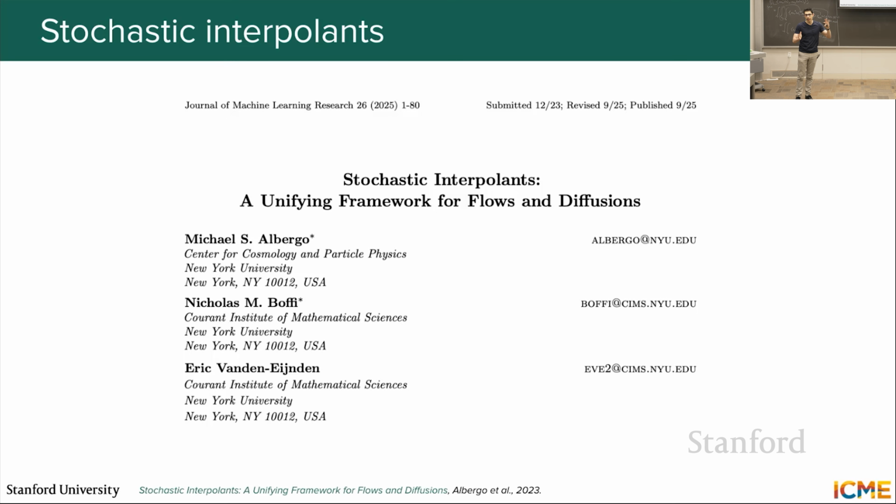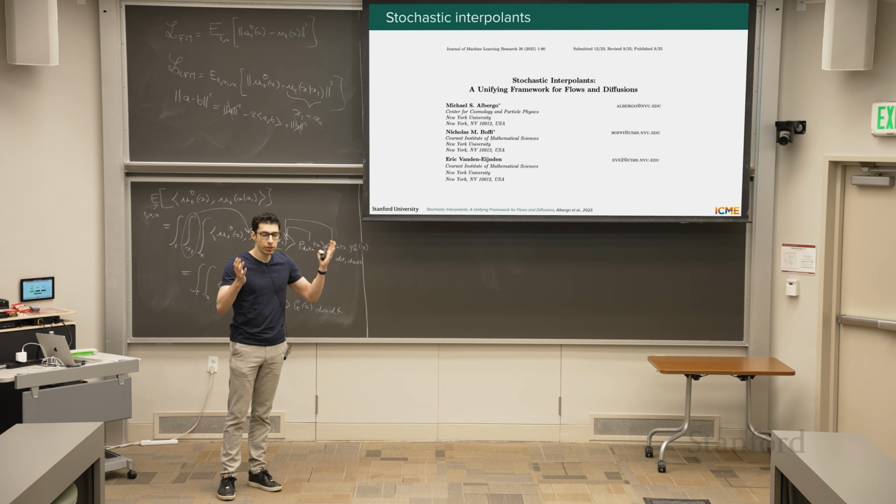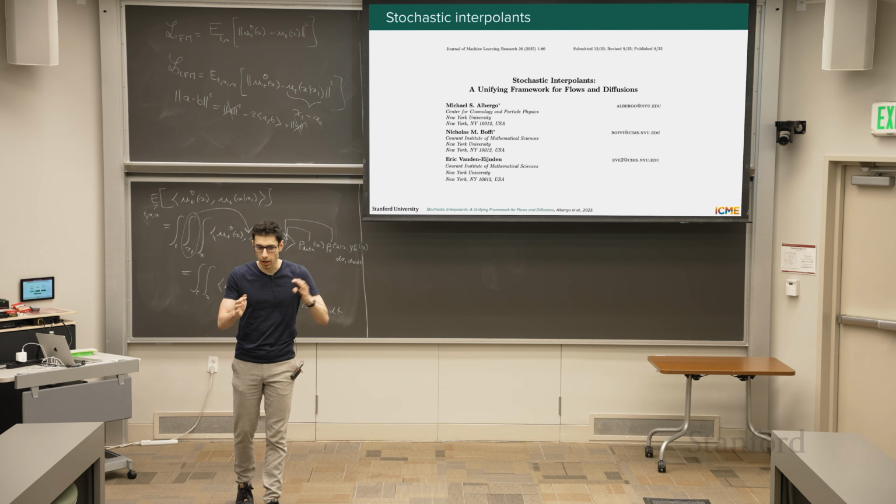And it turns out that out of noise, score, and velocity, if you know two of them, you can deduce the third one. And that paper designs a problem space that is bigger than what each of these frameworks detailed. And all of these frameworks can live in a same unified framework.